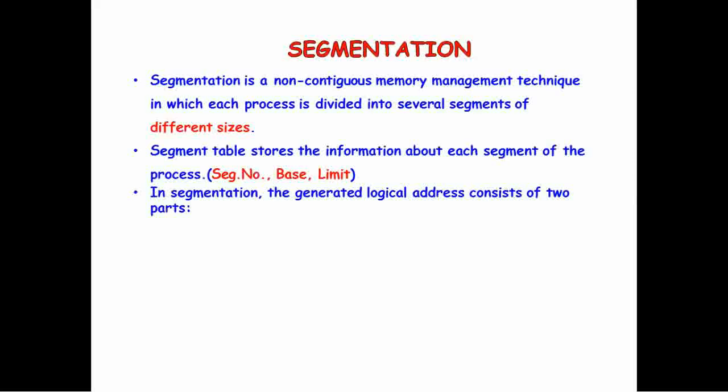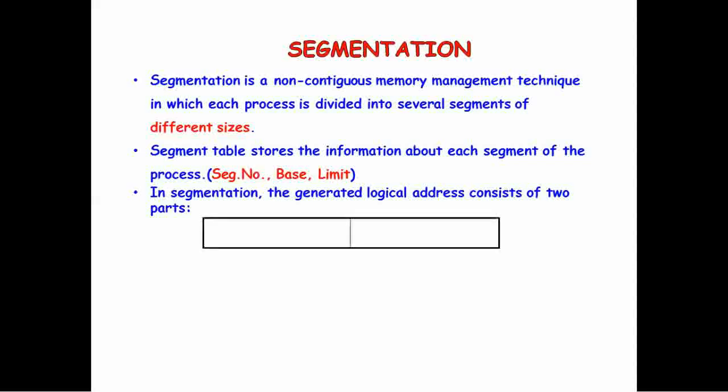And in segmentation, the generated logical address consists of two parts. They are segment number and segment offset. Segment offset can also be called as segment size. The segment offset should always lie in the range 0 to limit minus 1.